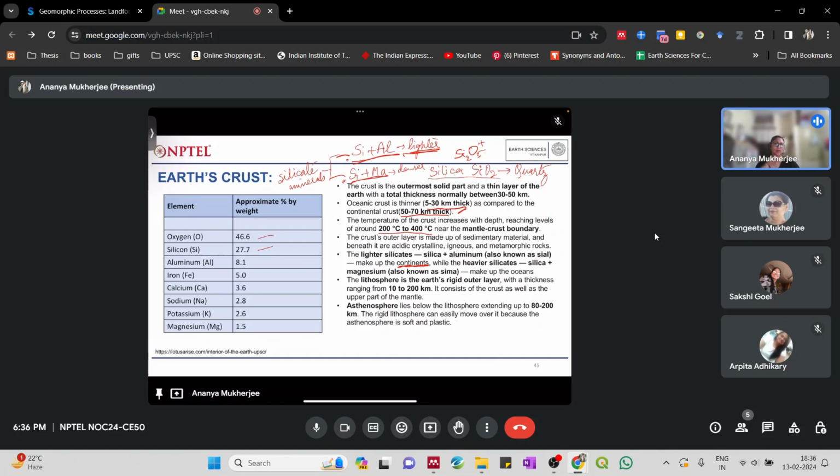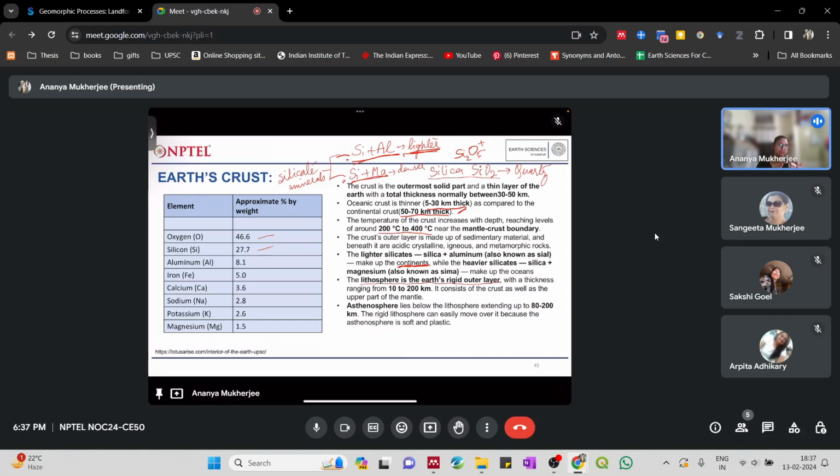The topmost part of the mantle is also considered to be the lithosphere. That is why lithosphere is called the Earth's rigid outer layer. So the outer layer of the Earth is the lithosphere, it's not just the crust.